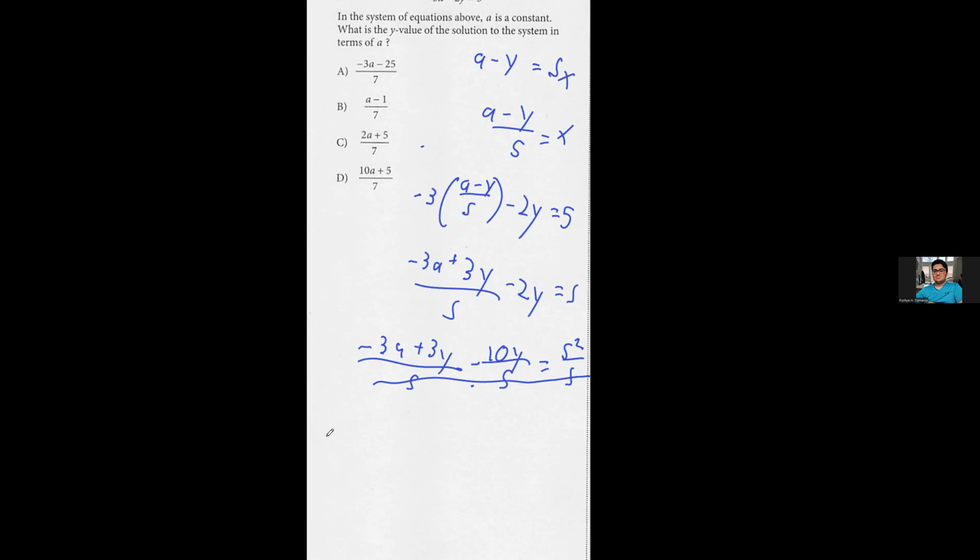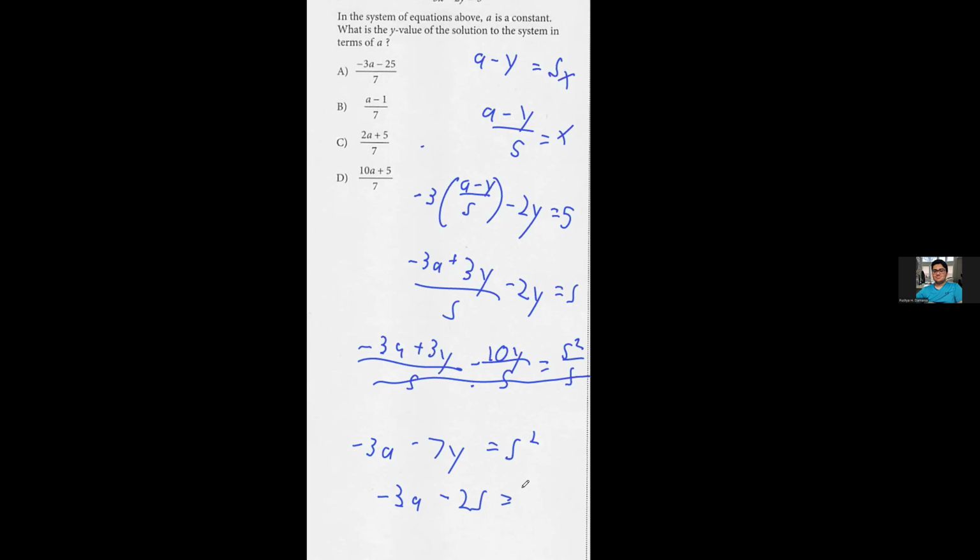Now we just have to find this in terms of y by itself. So 3y minus 10y is 7y. So we have negative 3a minus 7y equals 5 squared, which is 25. Then we swap the position of these, so we subtract 25, and then we add 7y to both sides.